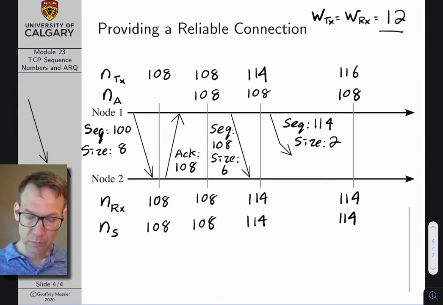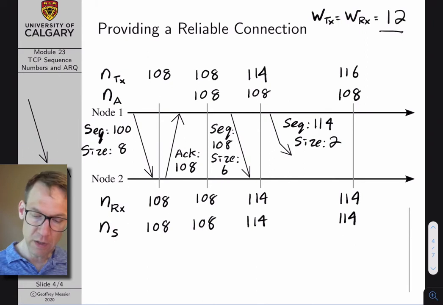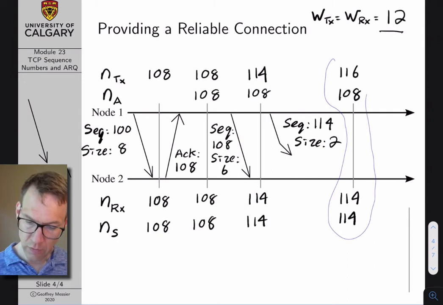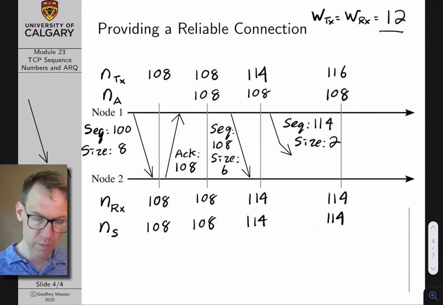Now, even though we've already sent 2 segments, we still haven't filled up our window size of 12. And so what I'm going to do is allow the transmitter to send 1 more segment. And we're running out of space a little bit here, so I will try to move things a little closer.